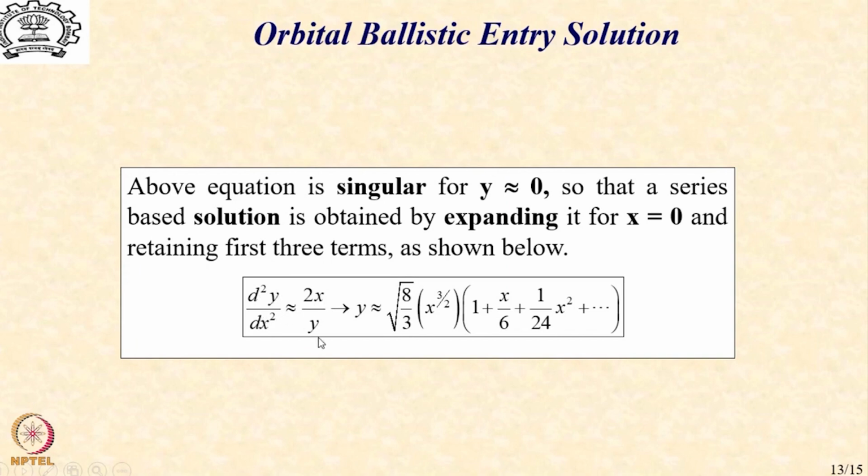And this differential equation is not very difficult to solve in the closed form analytically, for which we get a solution for y in the closed form. Here I have shown only the first three terms of this series, but depending upon the requirement of a specific context, one could include as many terms in this series as are required to achieve the desired accuracy.